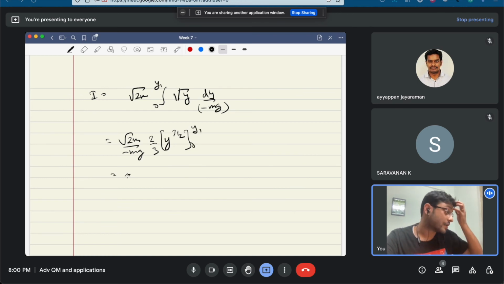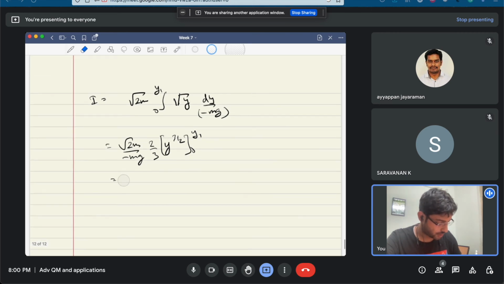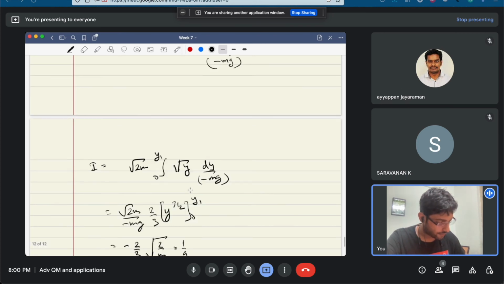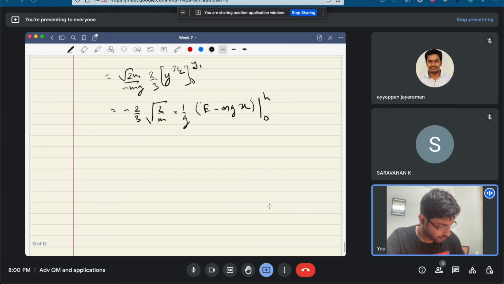So this essentially gives you minus 2 by 3 root 2 over m, 1 by g, (E minus mgx) from 0 to h, to the power 3 by 2.